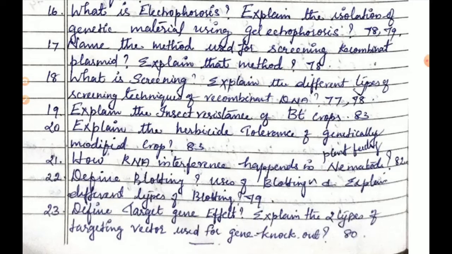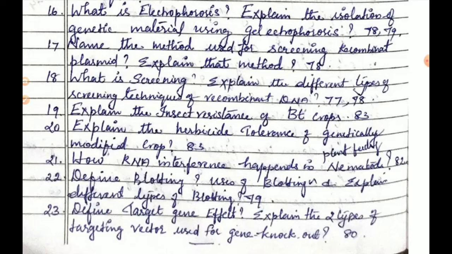It is given under the heading 4.6.6 bioassay for target gene effect. In that, the first 4 lines are the definition of target gene. The next is: explain the two types of targeting vector used for gene knockout.